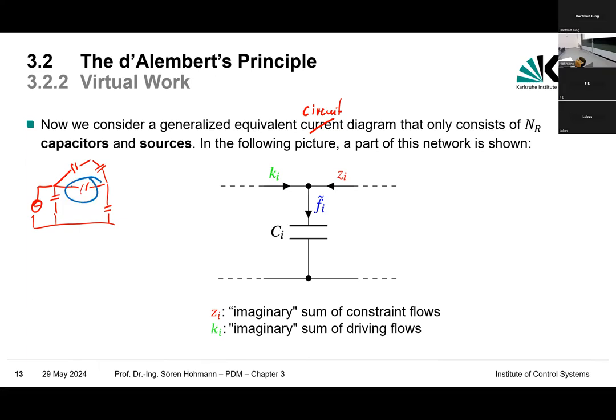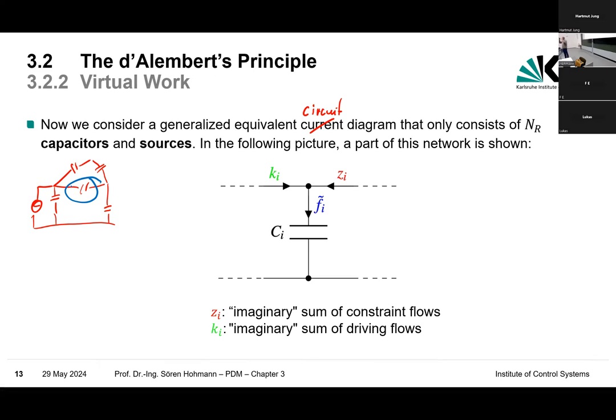But there's one flow, or some portion of the flow, in this specific case. So we are looking at this object here. There are some flows which are driving the capacitor from outside. Our source of flow is given on the left-hand side, and the question is how much of the source of flow on the left-hand side in this example is driving the capacitor. That's the question, right? So it's this specific one, the blue one.